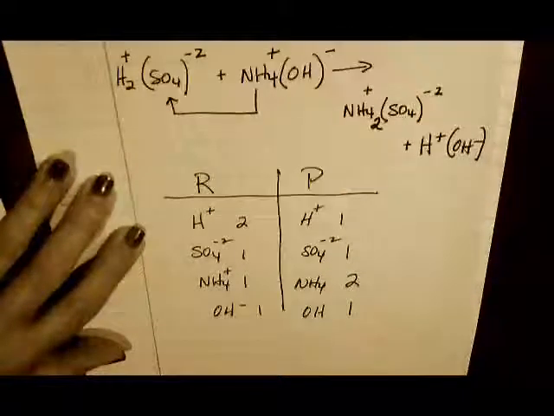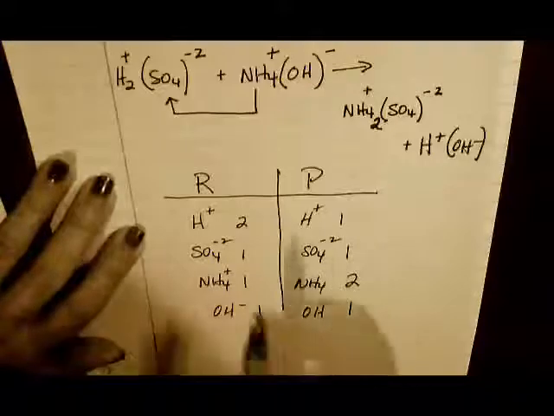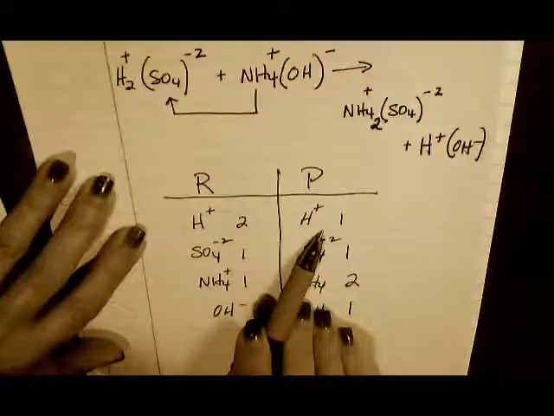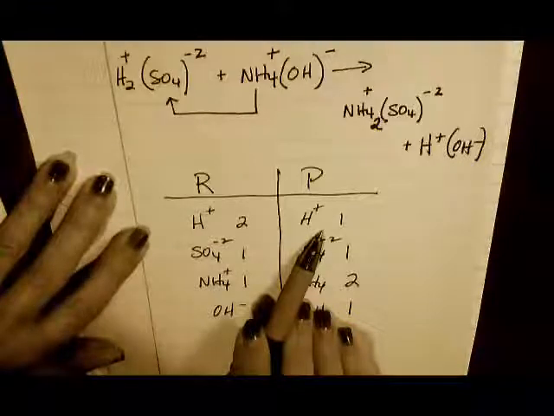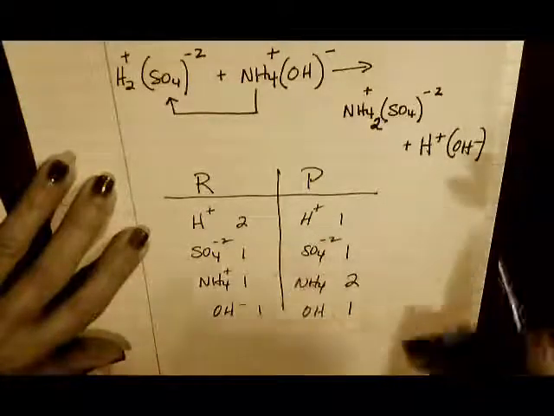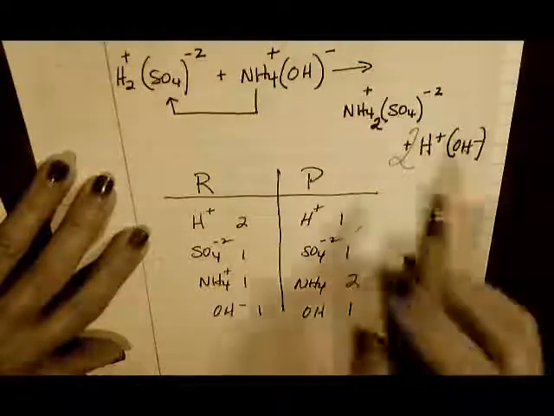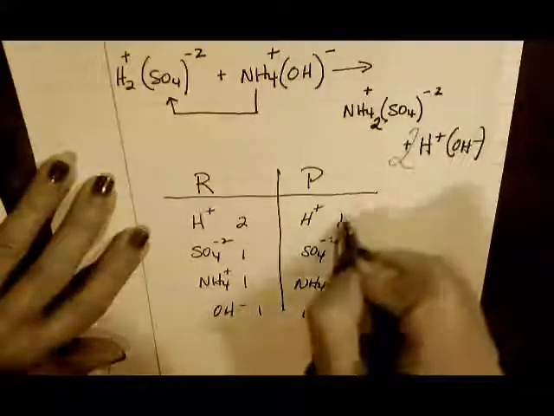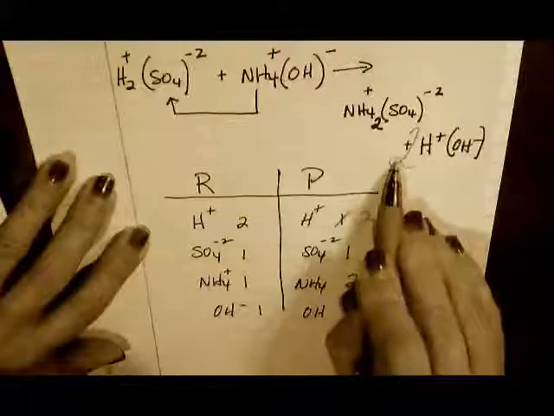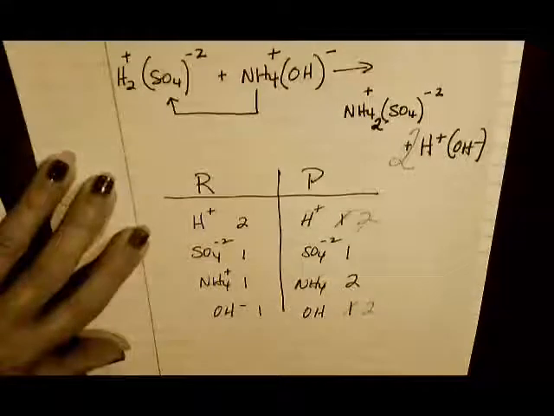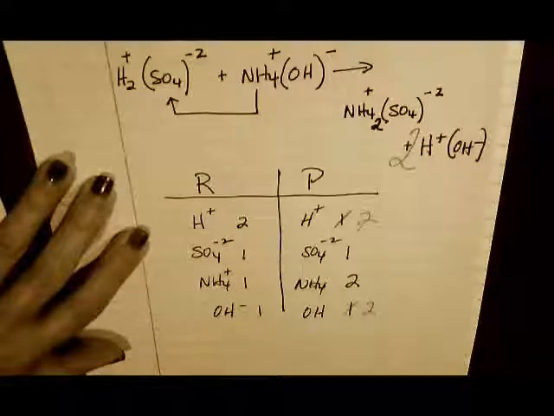Law of conservation of matter and energy tells us we can't start with 2 and end up with 1. The only tool we're allowed to use is coefficients. If I put a coefficient of 2 in front of there, distribute 2, and now 2 OHs. Looking good, looking good.